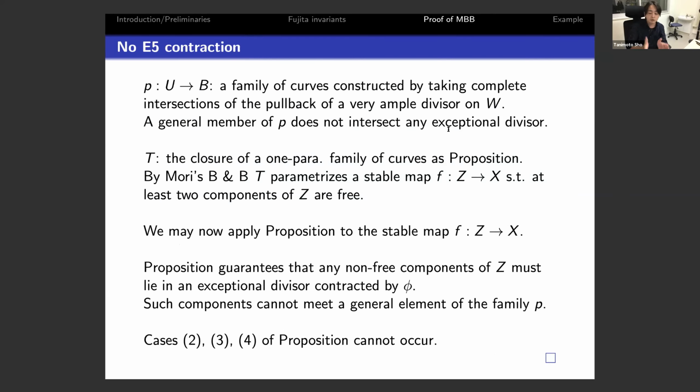So case 4 also cannot happen. So it must be the first case. That means that we have movable bend and break. So when there's no E5 contraction, it's easy.